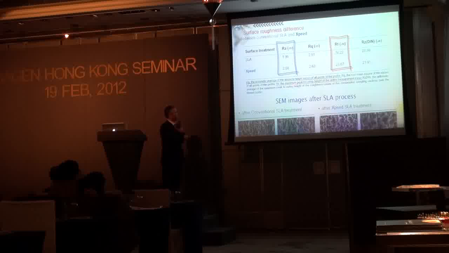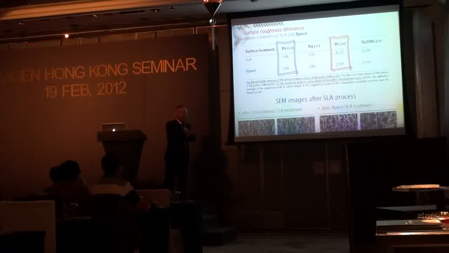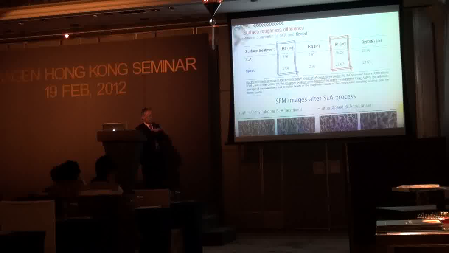Rt is the maximum peak-to-valley height of the entire measurement. So if Rt is high, it means the surface is very irregular. Some areas are very high, some areas are low, even if the average is the same. But with the advanced techniques, we made very even, very stable Rt values compared with this, almost 50% more stable.